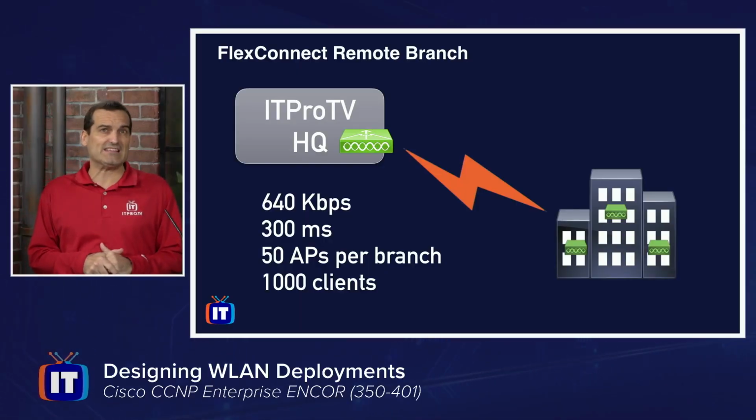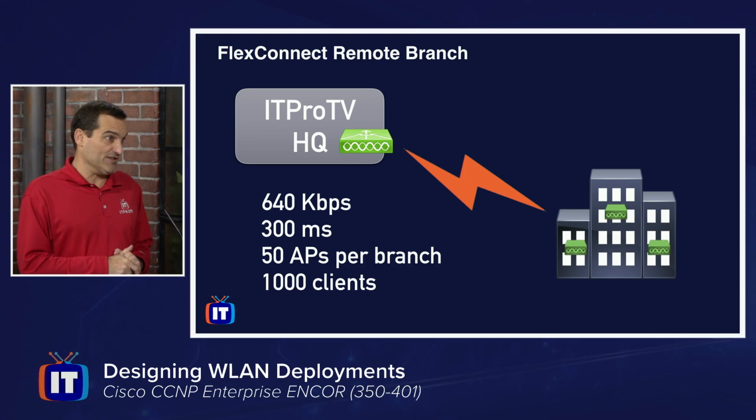Now, let's go back, now that we have a choice between either centralized or distributed. If I have a branch office somewhere, it doesn't seem like I can do any type of centralized environment, can I? You could, with an always-on WAN circuit and all that stuff, but it's not all that common, to your point. What is often done is something I show here. This is the FlexConnect remote branch design.